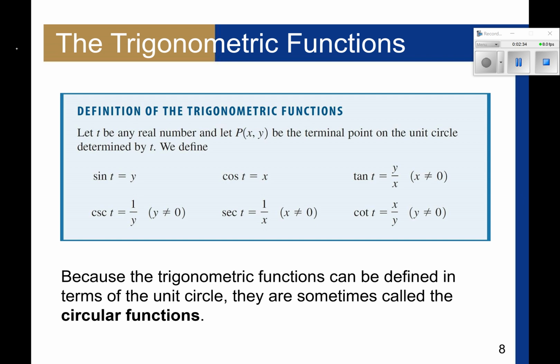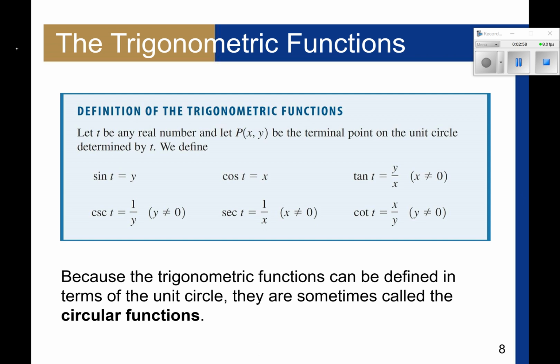If you put them in alphabetical order, cosine actually comes before sine. Hey, what do you know? X comes before y. Okay, so if you can get past that, sine is the first one that we always talk about. Sine is the y coordinate, cosine is the x coordinate.